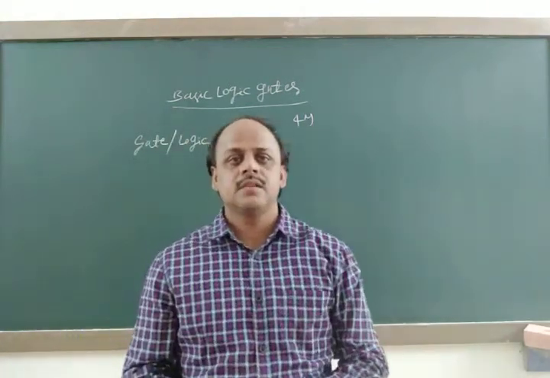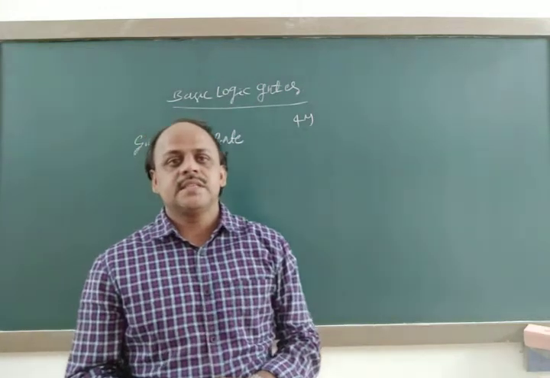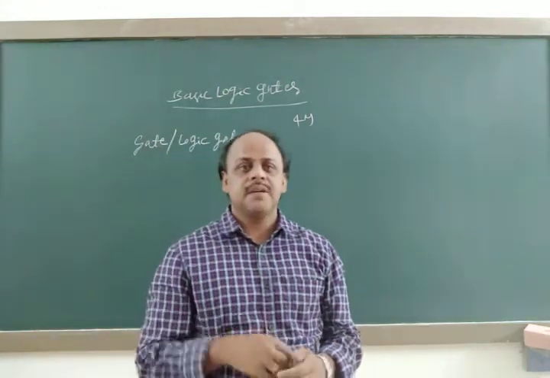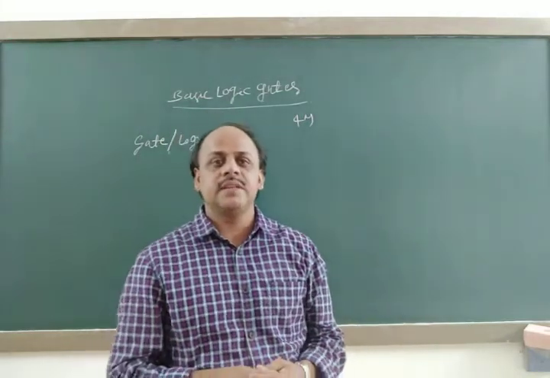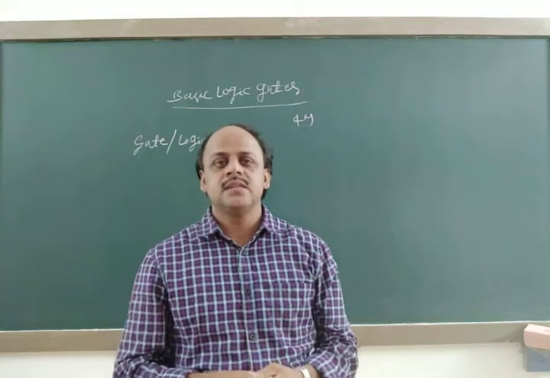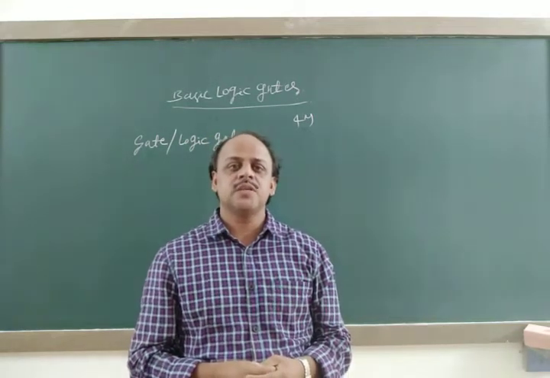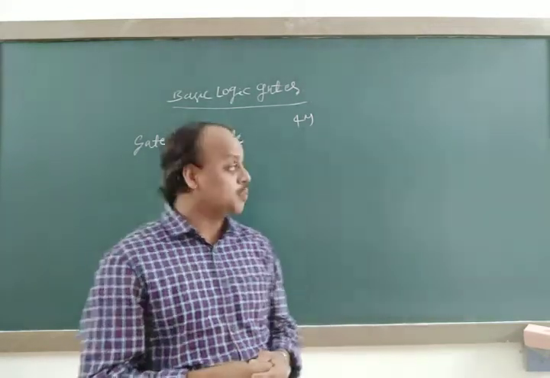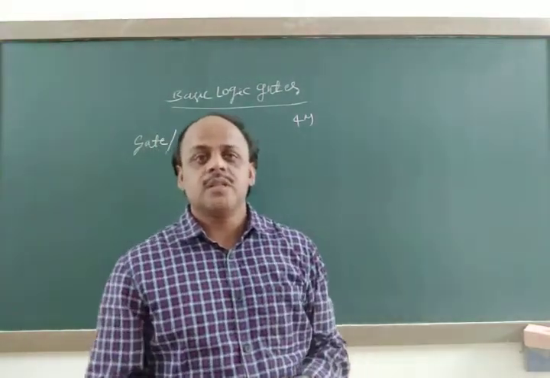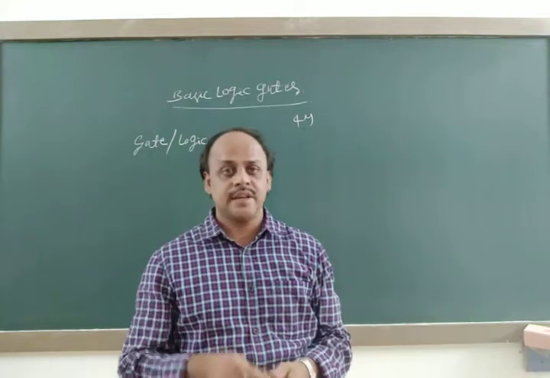Last class we discussed Boolean algebra. In that chapter 2 topics are left, that is De Morgan's theorem as well as simplification of Boolean expression using K-map. So now today I am going to start this new chapter because to prove the De Morgan's theorem, there are 2 ways.